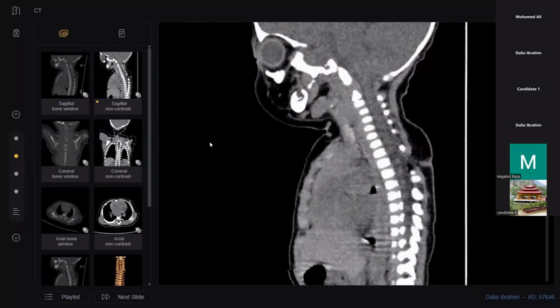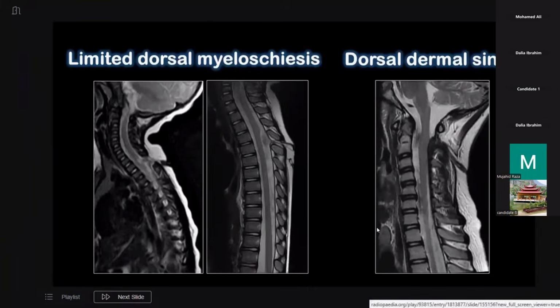Actually, I couldn't see the first and the second cases, unfortunately. I just joined. So, it is not a sinus because it is not draining outside. Yes, that's exactly what I want to say. I have shown you a classic case of a sinus just to make you see the difference between this disease and the other disease.